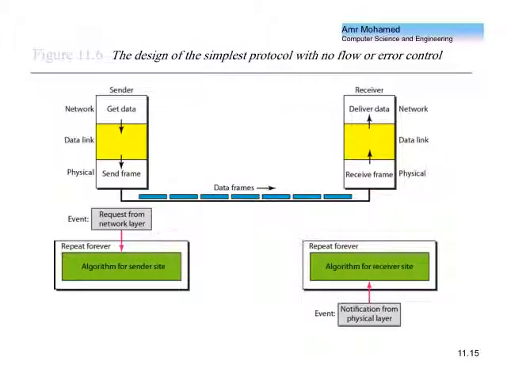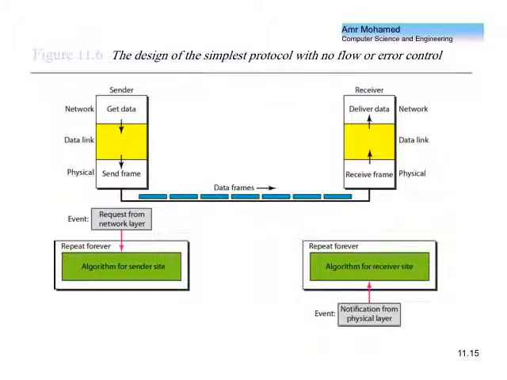Then the algorithm in the data link control sublayer, if there is an event that says there is some data coming on the physical layer, this data I'm expecting to be in the form of a frame. What I need to do is to process this frame, extract the data from this frame, and send it up. Okay?